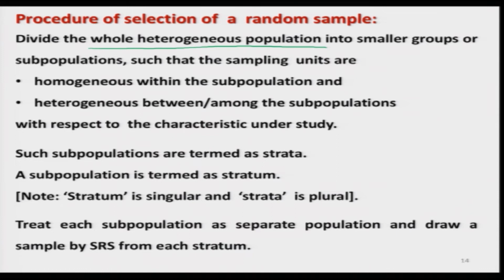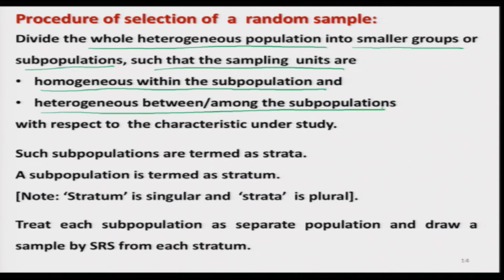So, the first step is to divide the whole heterogeneous population into smaller groups, also called subpopulations, which are called strata. I will introduce it later. And these subpopulations or groups or strata have to be constructed in such a way that they are homogeneous within and heterogeneous between or among each other with respect to the characteristic under study.